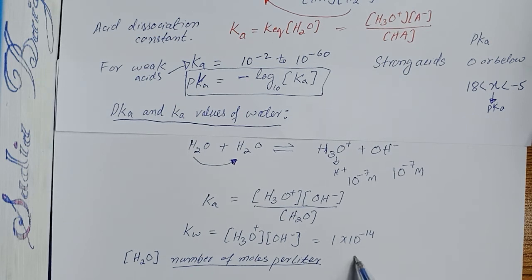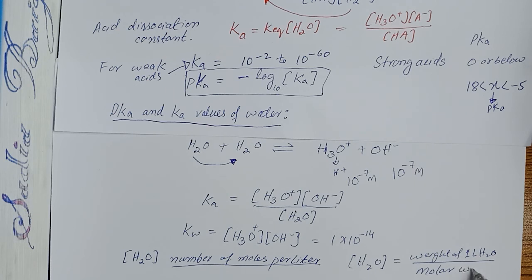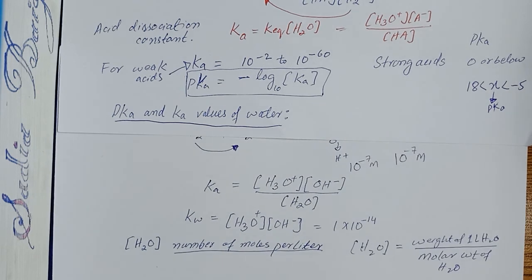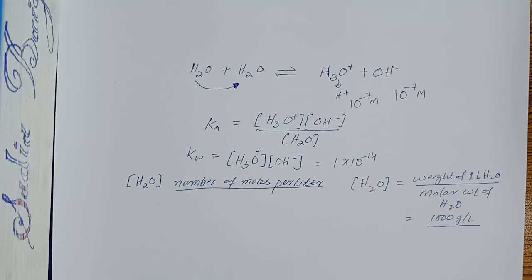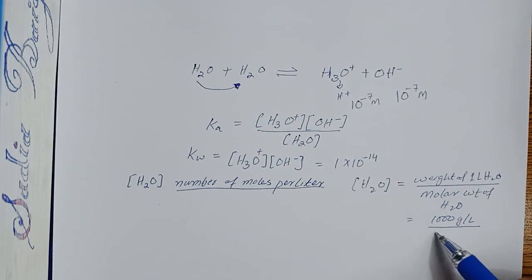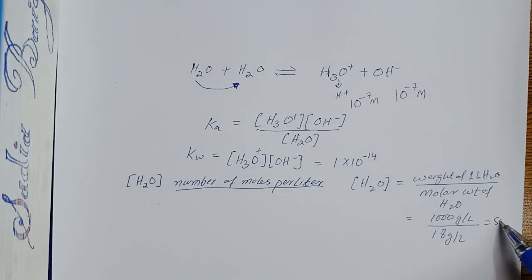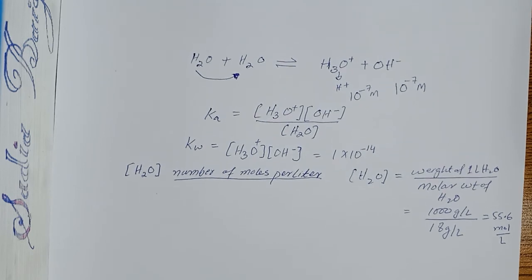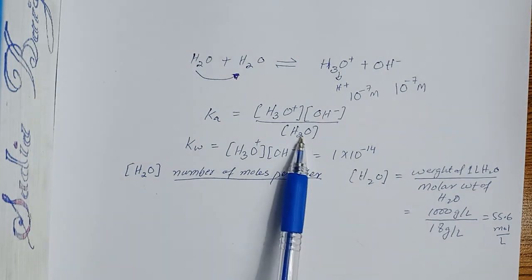The concentration of water is actually the weight of 1 liter of water over the molecular weight of water, that is 1000 gram per liter, the weight of 1 liter of water, and the molecular weight of water is 18 gram per mole, that must give the value of 55.6 mole per liter.